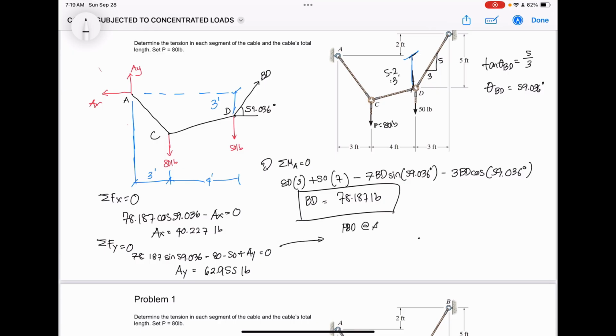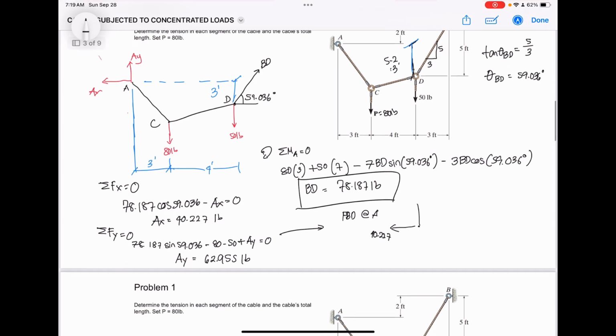We have 40.227, 62.955. Then we have ACX and ACY. So based on the figure of use na, AC is equal to square root of 62.955 squared plus 40.227 squared.